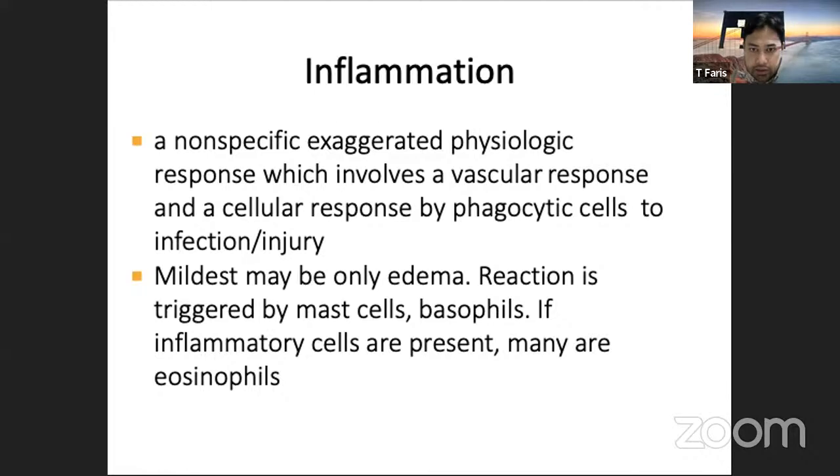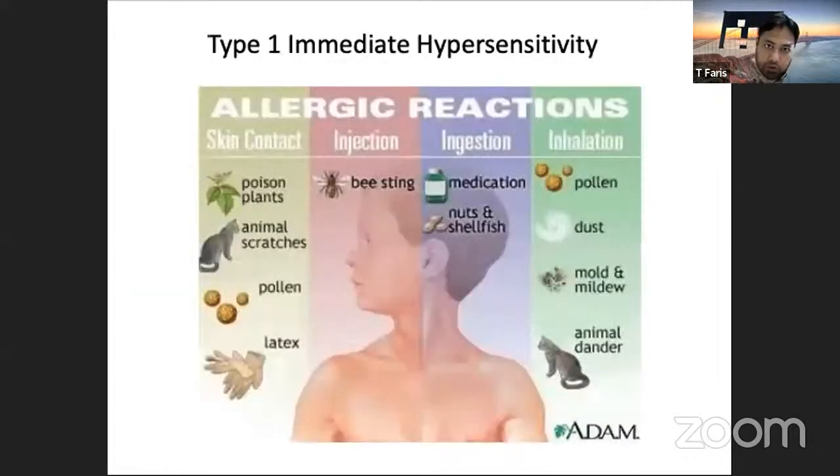Mild may be only edema. The reaction is triggered by mast cells and basophils. If inflammatory cells are present, many eosinophils. Inflammation is of two types: acute and chronic. Acute can occur very quickly, and chronic can last a few days to weeks.